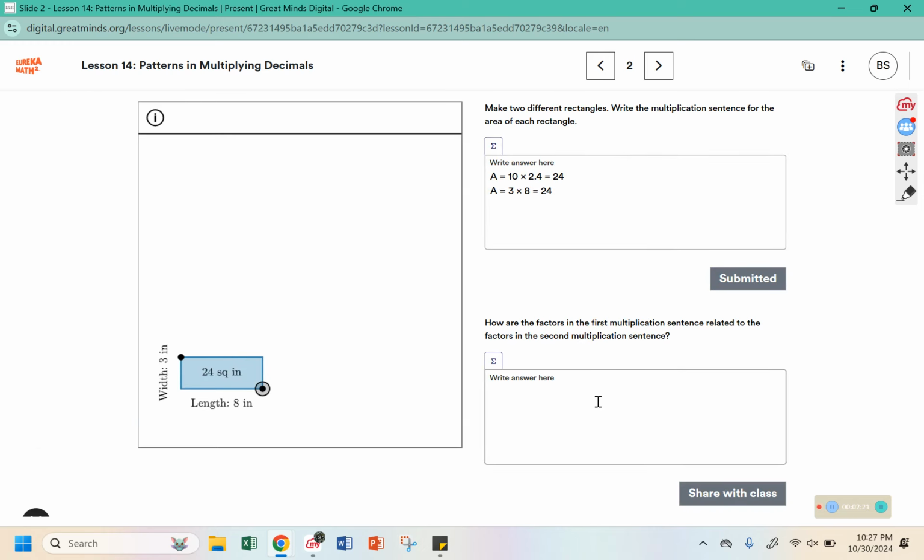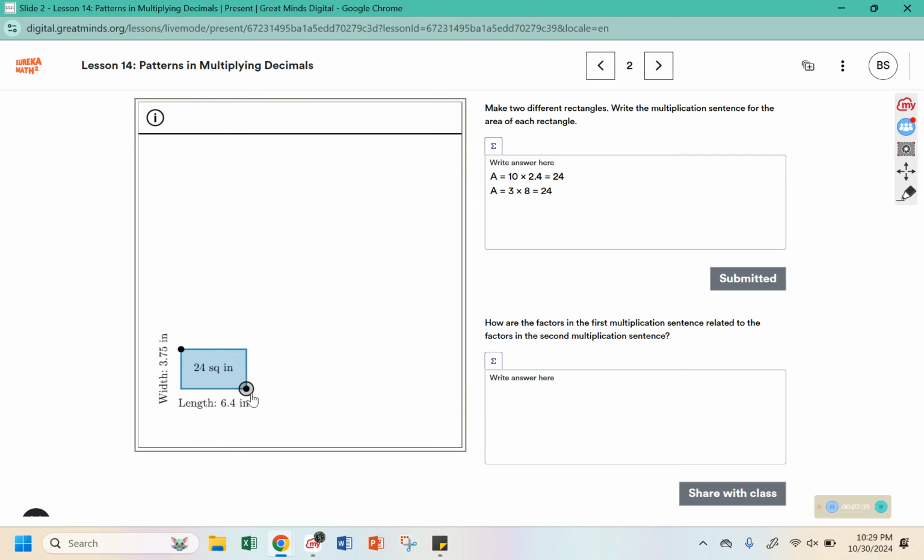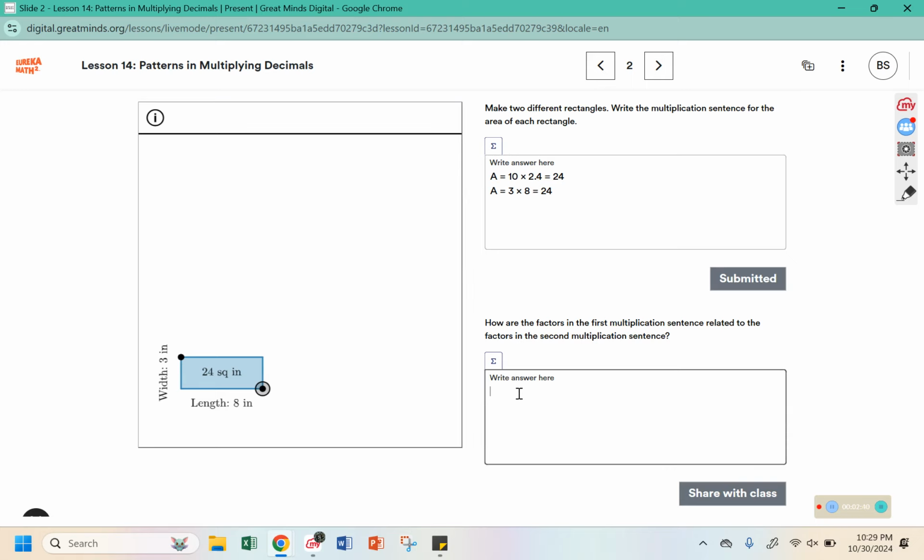How are the factors in the first multiplication sentence related to the factors in the second multiplication sentence? In the first rectangle, the width was larger, but when we made the length 8, the width had to decrease.